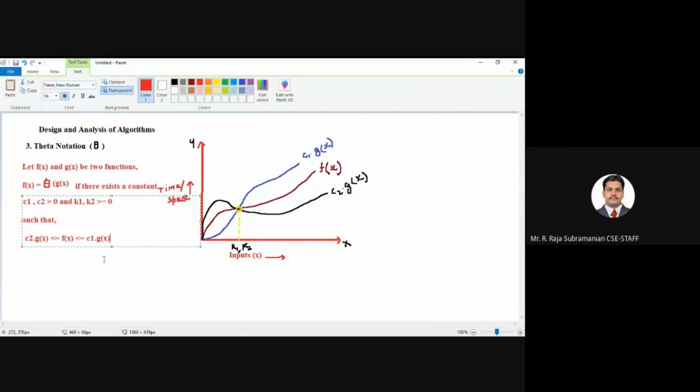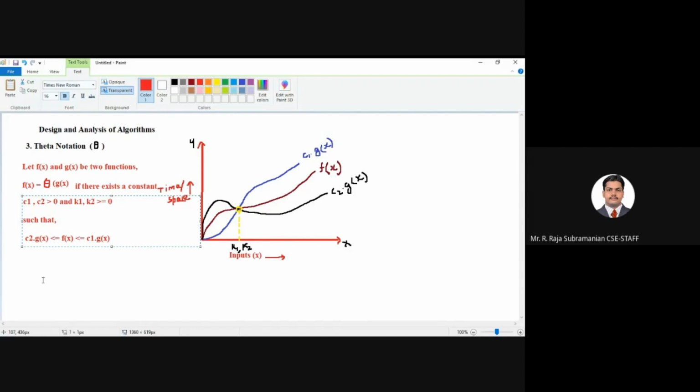The important point to note here is this k value. We cannot say that k1 and k2 will always be the same, so that after a particular point c1 into g of x goes in the upper bound and c2 into g of x goes in the lower bound. I cannot assure that. Most of the time k1 and k2 will be at different positions. At that time you need to take the maximum k value, because at that point both c1 and c2 will be following the average case notation.